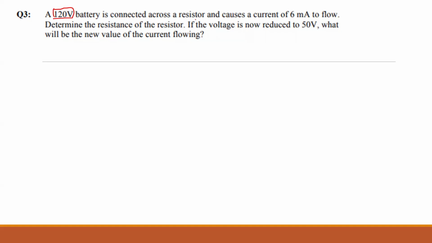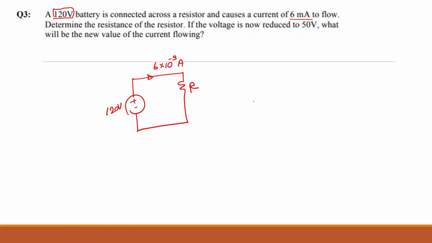A battery is connected across a resistor and causes a current of 6 milliamps. So we have a voltage source, which is 120 volts, and we have a resistor here. And this current, they are saying 6 milliamps. 6 milliamps means 6 times 10 to the power negative 3 amps. They are asking you to determine the resistance. I think we did this question before in Monday's class.